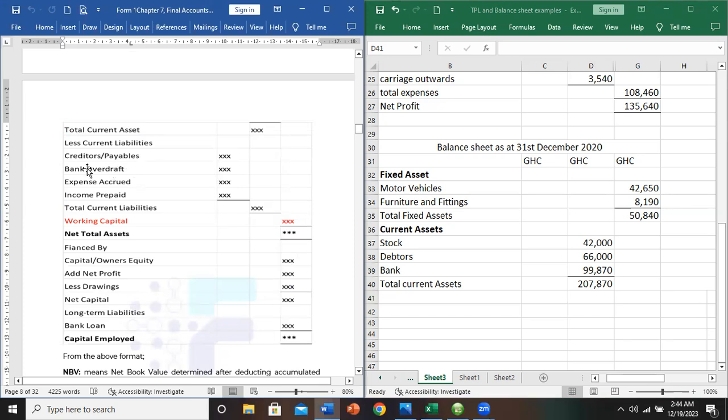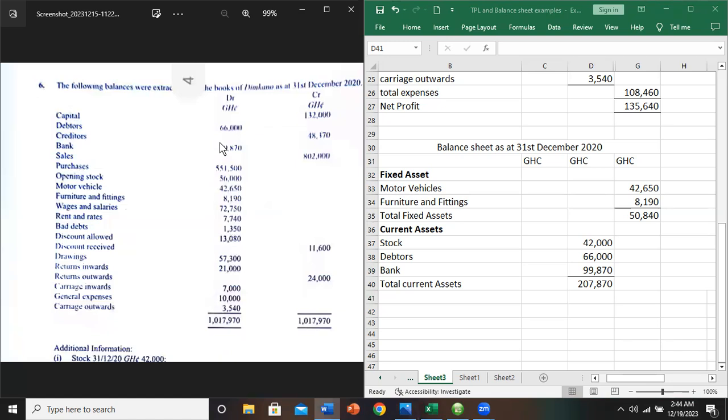Bank overdraft is a bank which has a credit balance. So pay attention to that one as well. So in this question, let's see. Yes, we have the creditors. So you see creditors at the credit side. That is 48,370.